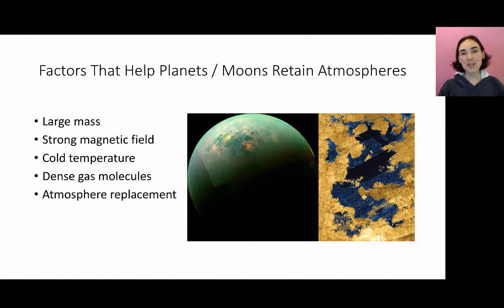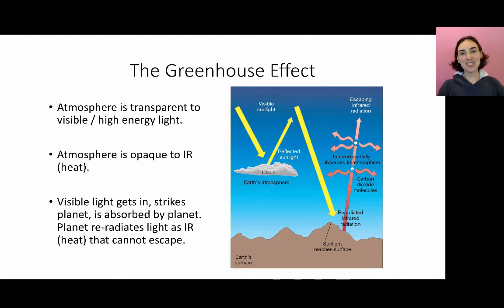Venus, I mentioned, has this greenhouse effect going on. And the greenhouse effect is critical for life on Earth. Without it, the Earth would be a solid block of frozen ice. It happens because the atmosphere is transparent to visible light, meaning that the visible light can get through as long as there are no clouds in the way.